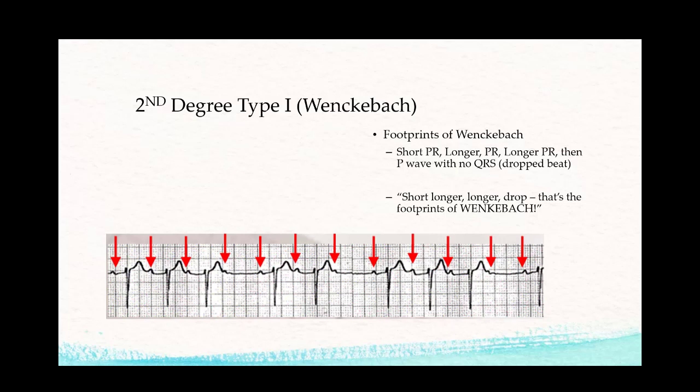But as we progress from second degree type 1 to second degree type 2, they tend to start developing more symptoms, and it becomes more severe because they're getting closer to third degree AV block, which is where the atria and the ventricles don't talk to each other at all.